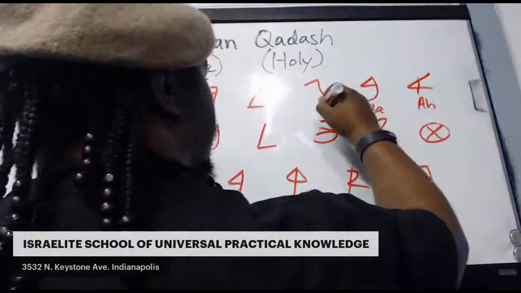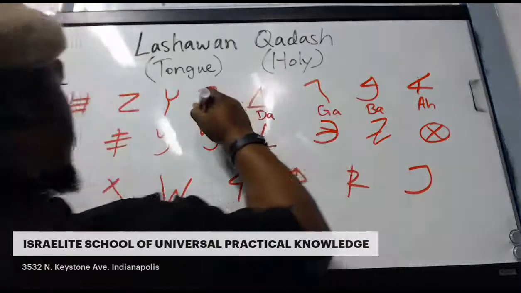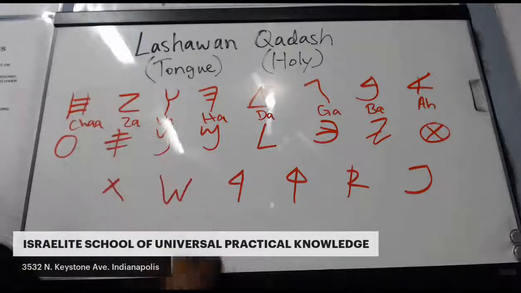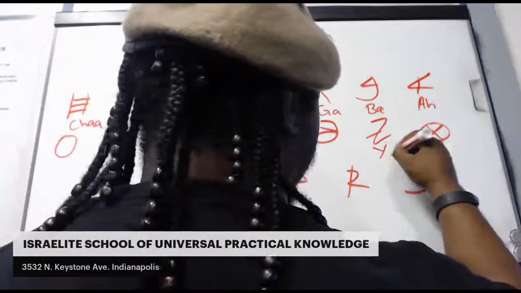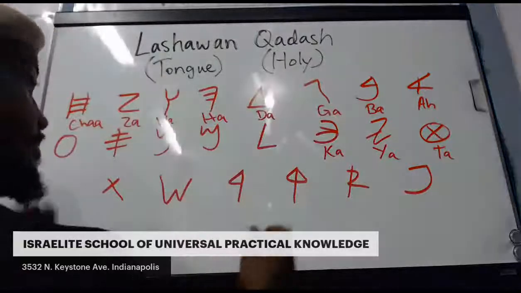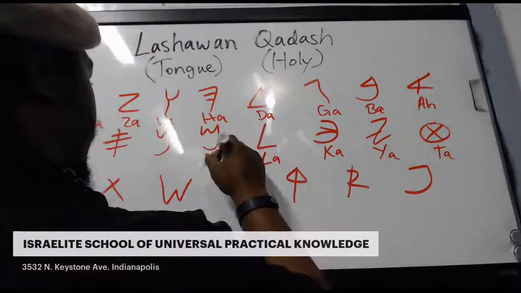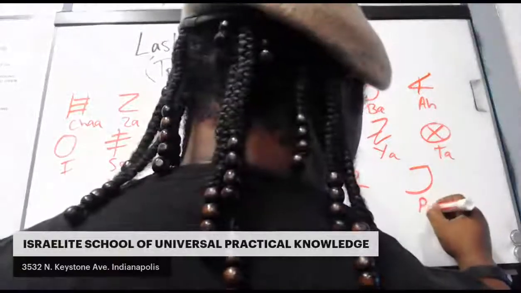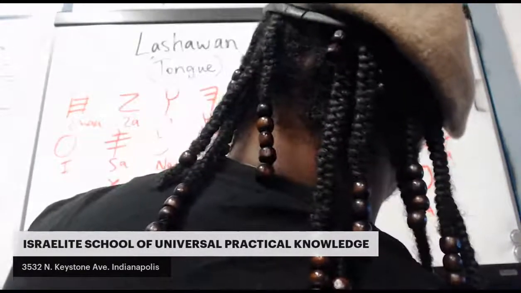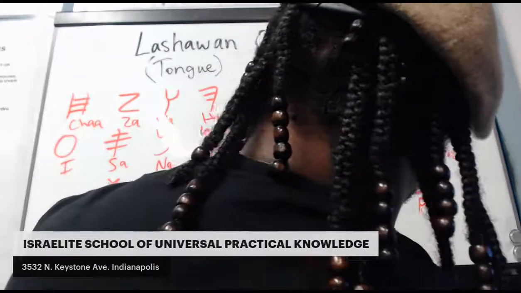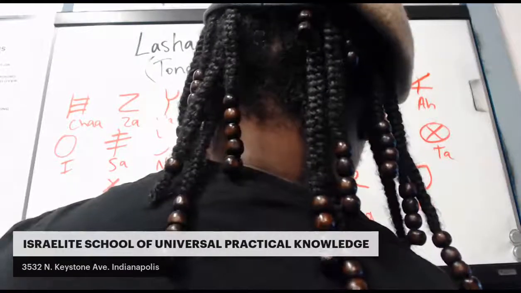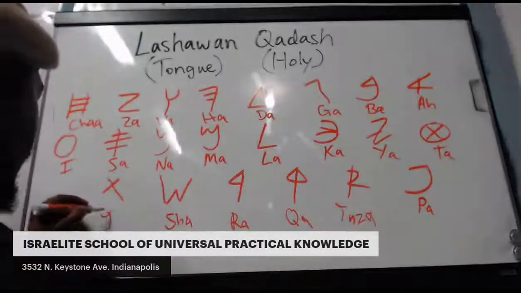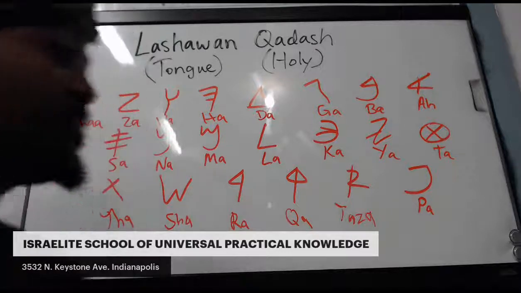A, Ba, Ga, Da, Ha, Wa, Za, Cha, Ta, Ya, Ka, La, Ma, Na, Sa, I, Pa, Sa, Kwa, Ra, Sha, and Tha. Doing some left hand writing. It looks all the way jacked up, but you get the point.